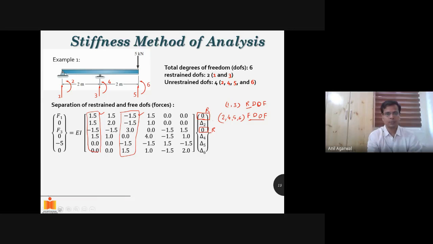Okay. Likewise, if we see this one, this one, this one, this one, these are rows of second degree. Likewise, fourth one.